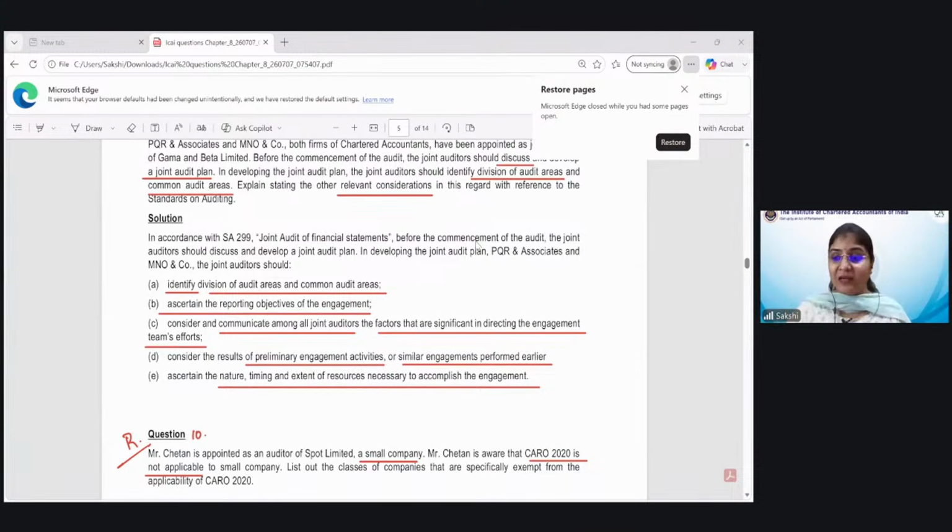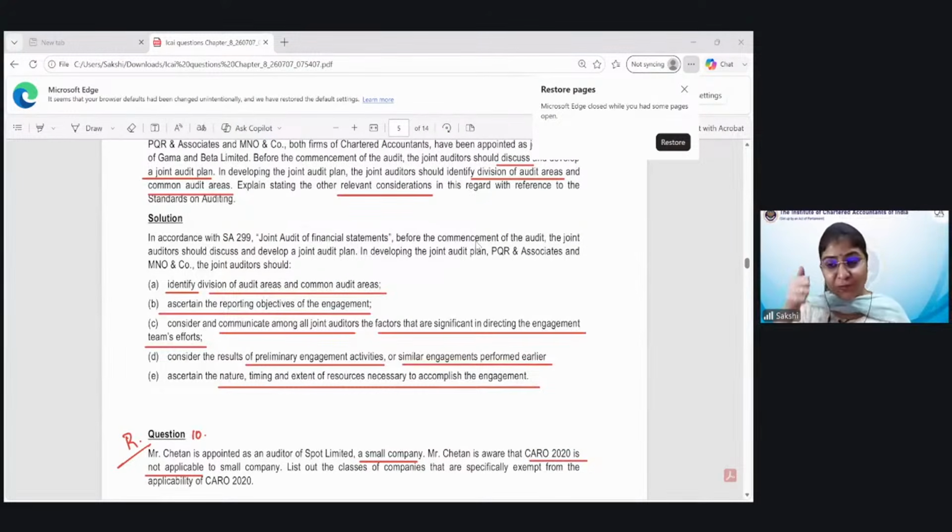Isn't it? So, number one, identify what work is to be divided and what is to be taken in common. Ascertain the reporting objectives. Consider and communicate among the joint auditors. Consider the results of preliminary engagement activity and ascertain the NTE, that is nature, timing and extent of resources necessary.